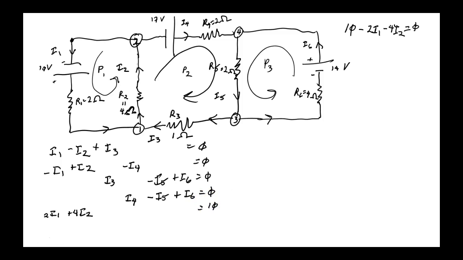Okay, let's go to path 2. Let's just start here at 2. That'll be our start and end place. So first thing we hit is a 17 volt bump up minus a 2I4, right?